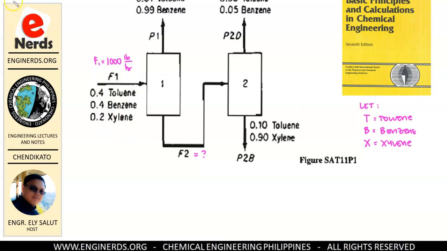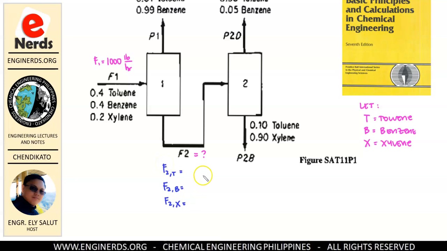So, therefore, para dito sa ating F2, we need to find yung components natin. So, we will be looking for F2T, which is the value of our toluene or the component toluene in our F2. Then we need to find F2B, the benzene in our F2, and F2X, which is the xylene in our F2.